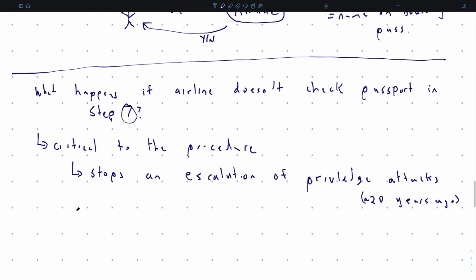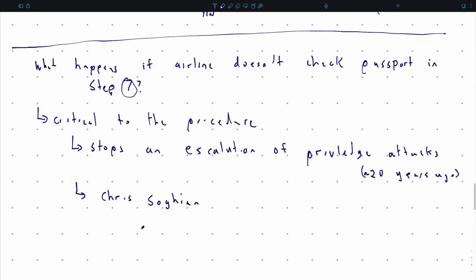All right, so this attack was pointed out by a security researcher named Chris Segoyan. He had his front door kicked down by the FBI because he posted how to do this on the internet. Okay, and so the idea of this attack was, let's say you're on the no-fly list, you shouldn't be able to fly, right?